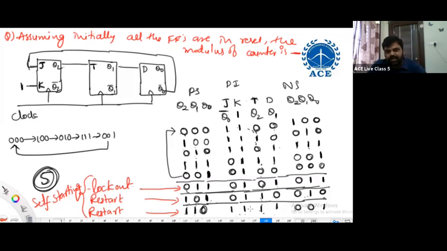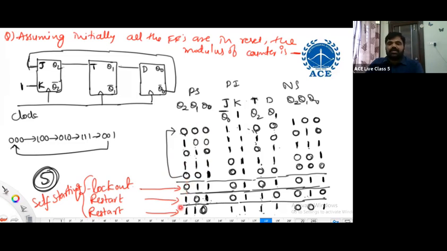I will discuss about lockout and self-starting once again. So let me give clarity about used and unused. Whichever the states you are expecting to count, these are called used state. Used means whichever the state is going through. And whichever the states are not skipped, those are called used state. Whichever the states are to be skipped, those are called unused state. Counter is designed to go through these only. These are called used state.